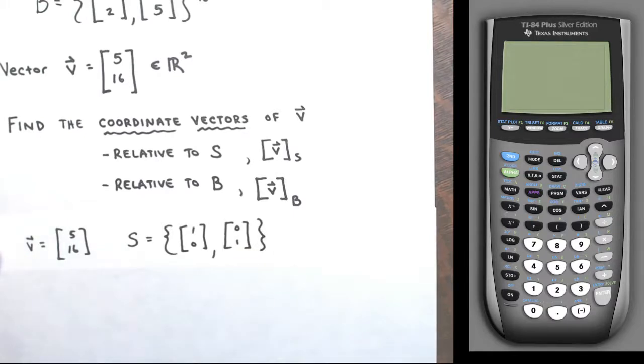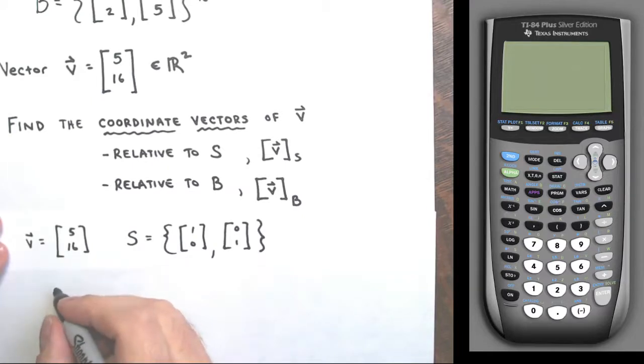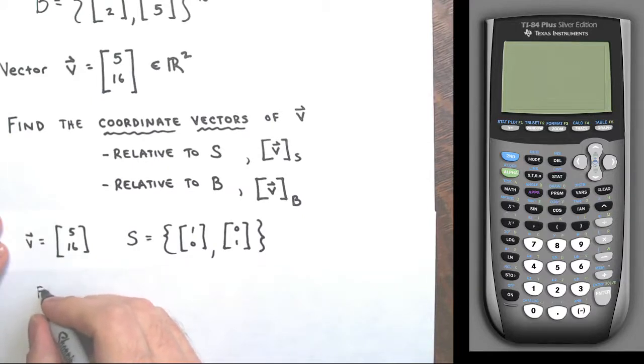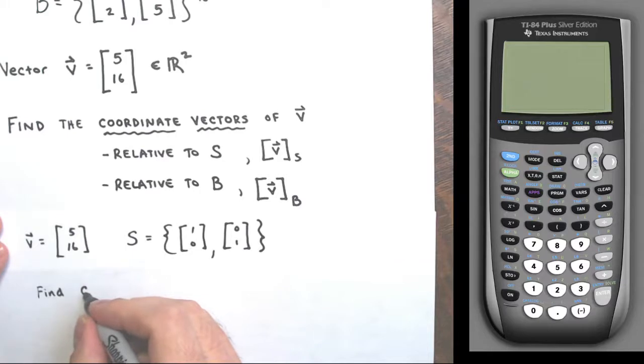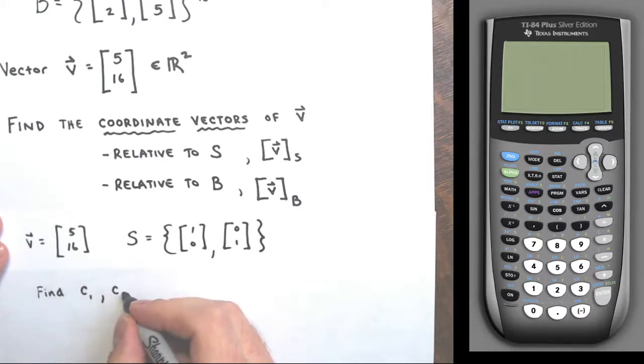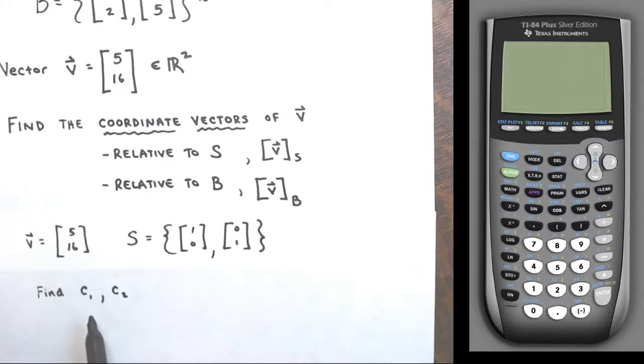If I'm trying to find the coordinate vector, in order to make that coordinate vector, you need the coordinates. You need the weights of a linear combination. So we're trying to find C1, which is a scalar, and I'm using C's here instead of A's like in previous videos because they're coordinates now, a C for coordinate.